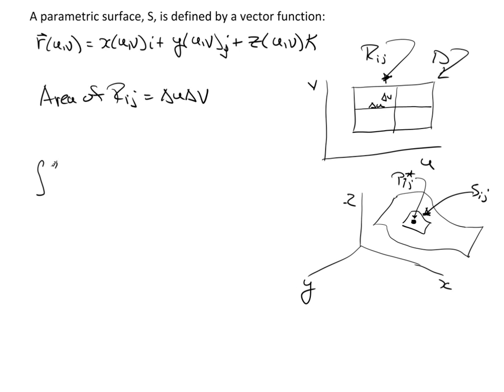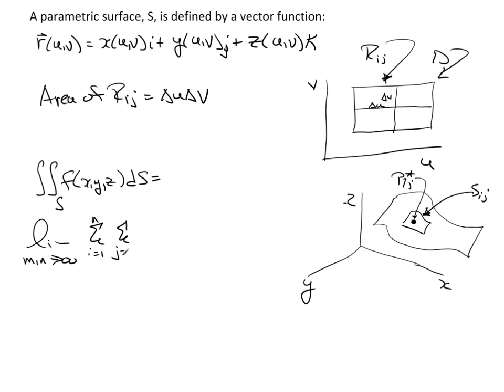So the double integral over the surface of the function f of x, y, z dS is going to then be equal to the limit, as m and n both go to infinity, of the double sum, i equals 1 to n and j equals 1 to m, of f of this point Pij star times delta Sij.